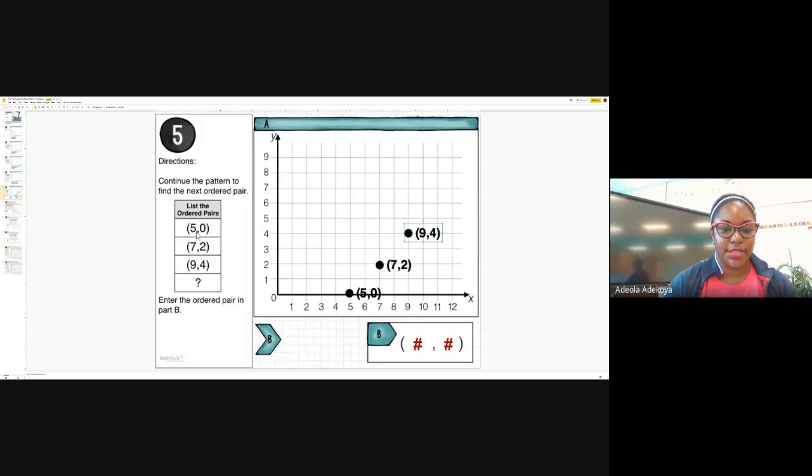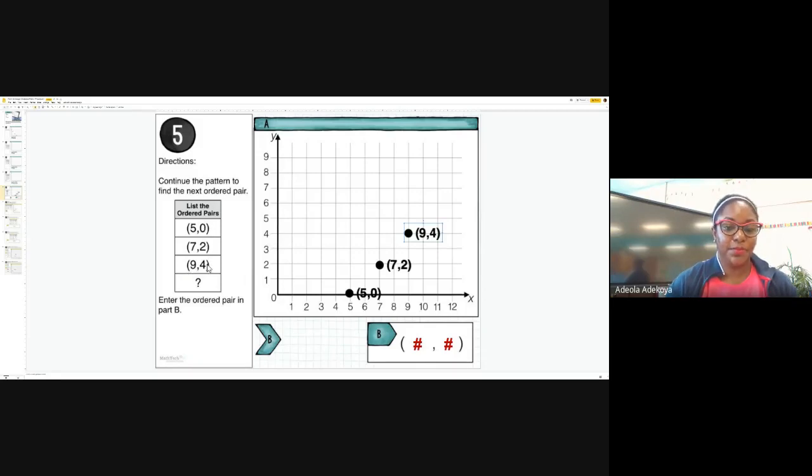On the y-axis, I've got 0 plus 2, 2 plus 2, 4. It's also doing the same thing. So I can create an ordered pair based on the pattern. I'm noticing the rule. So the rule for the X is add 2, and on the y-axis, it's also add 2.